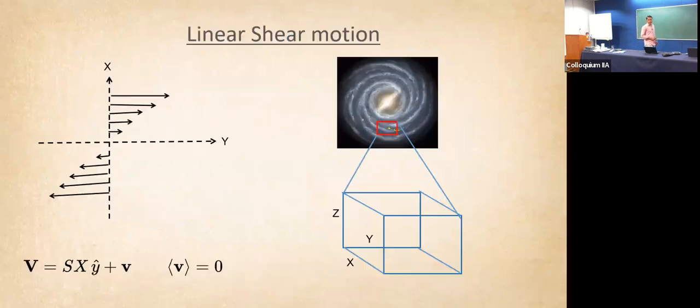Typically, shear is defined as stress over strain, so shear has a dimension of 1 over time, and Sx will give you the velocity dimension.